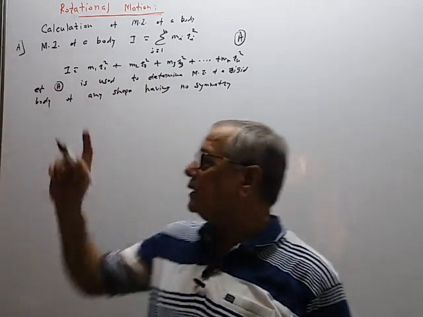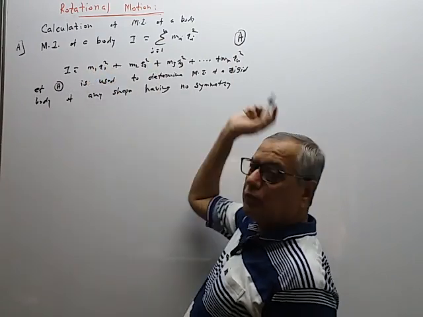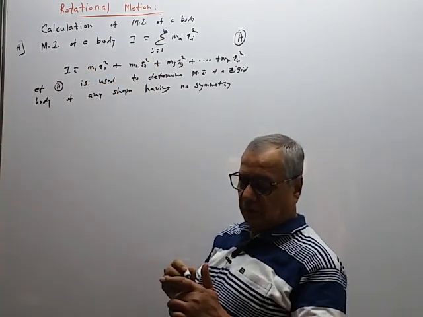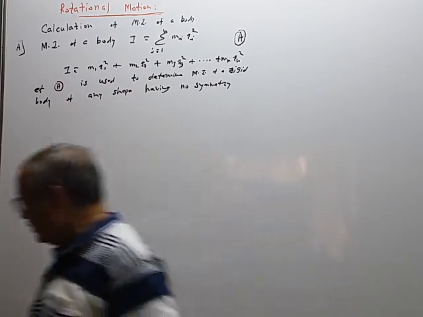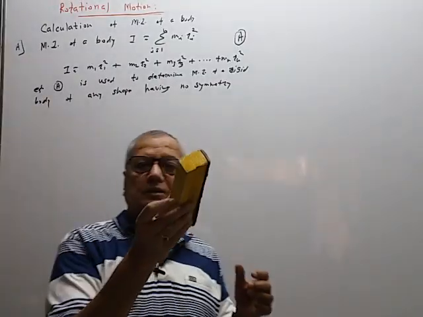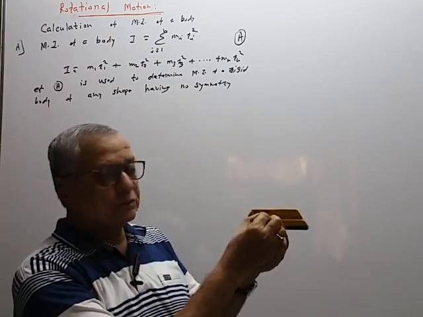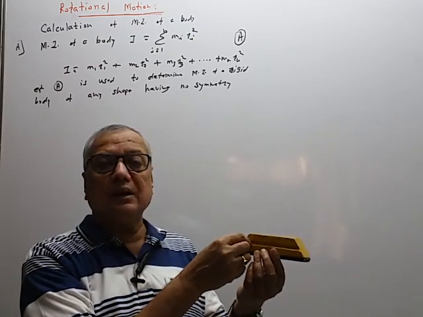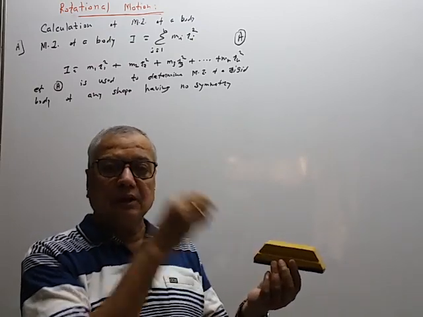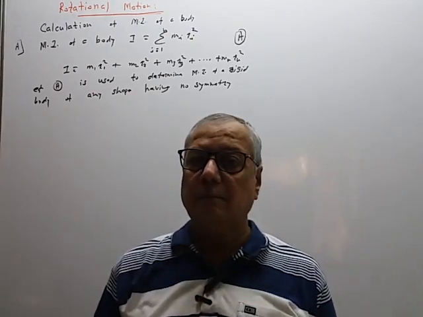या इक्वेशनचा ड्रॉबॅक काय आहे, आपल्याला प्रत्येक पार्टिकलचं मास m1 m2 m3 m4 डिटर्मिन करावं लागेल आणि ॲक्सिस पासूनचं डिस्टन्स पण मेजर करावं लागेल. For example, when we consider a body like this, then suppose we remove this first particle, take its mass, second particle, and again you have to put the particle at the same distance and you have to measure. तर बॉडीच्या आत आपण डिस्टन्स नाही मेजर करू शकत इझिली.